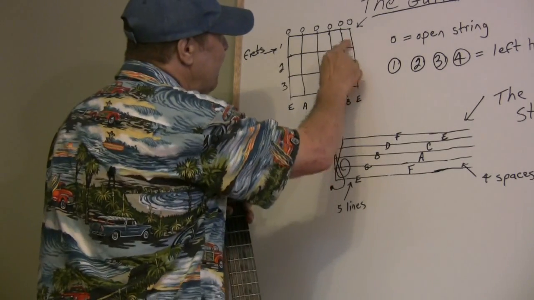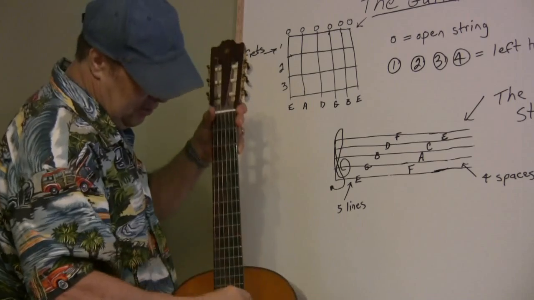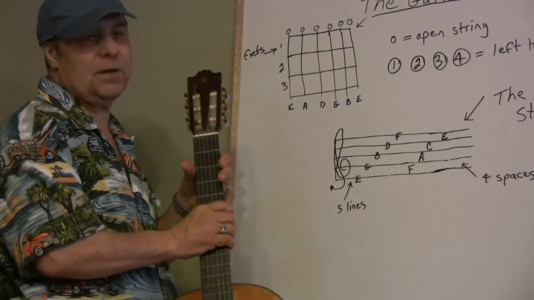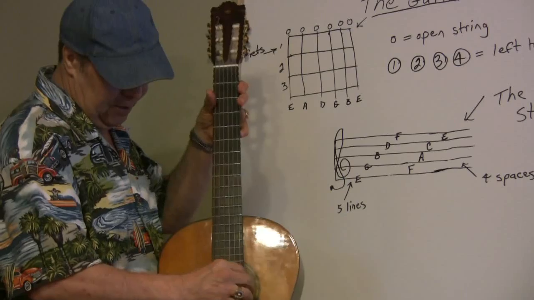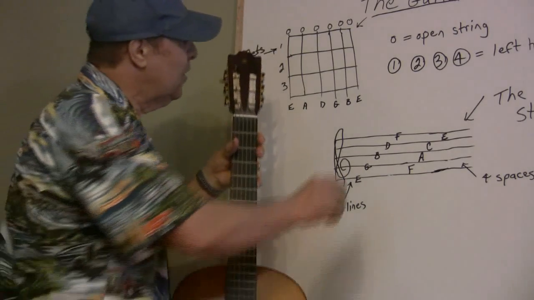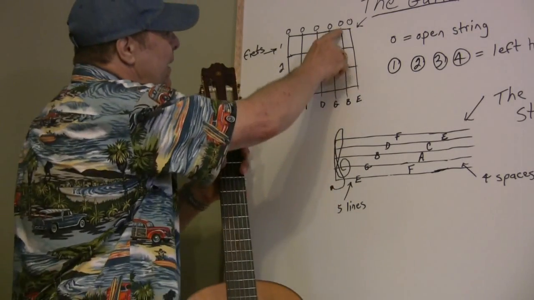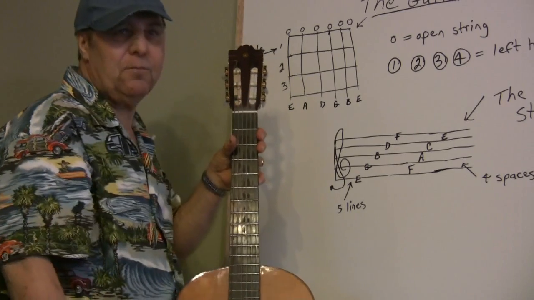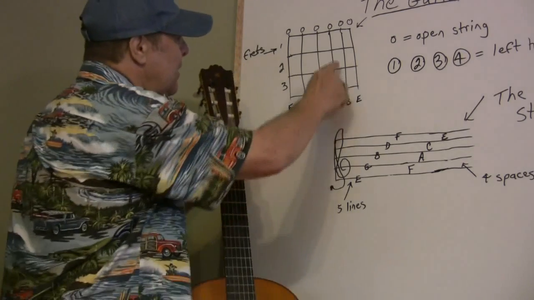So if we were to play that first note like that, that's called E note in music, and that's where that pitch is played on the guitar. Played on the first string open. That's called E note. If we played the second string on the guitar open, that's called B. So that gives us the B note.